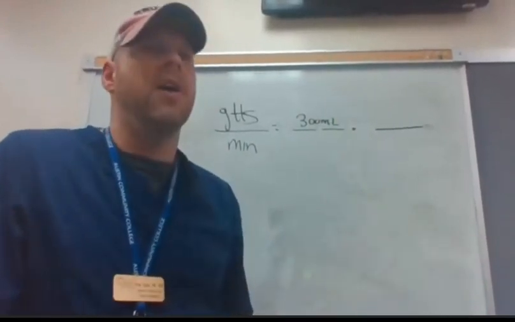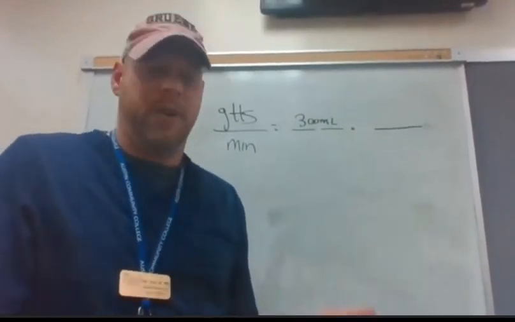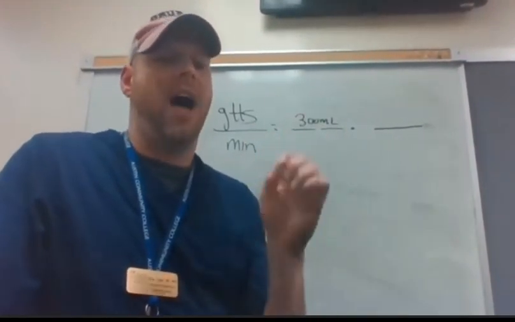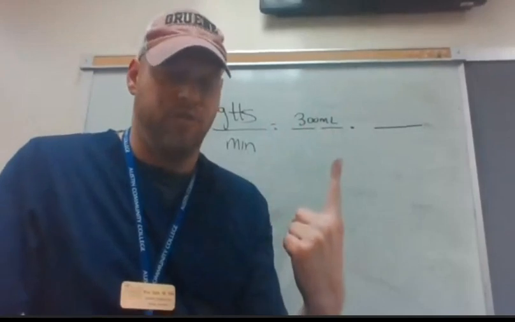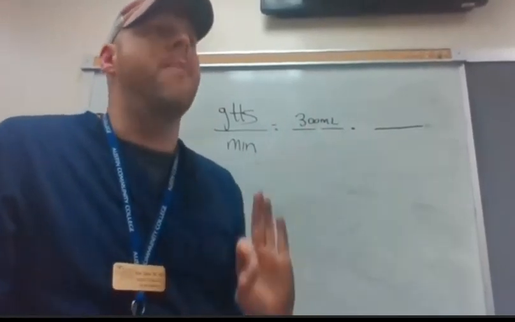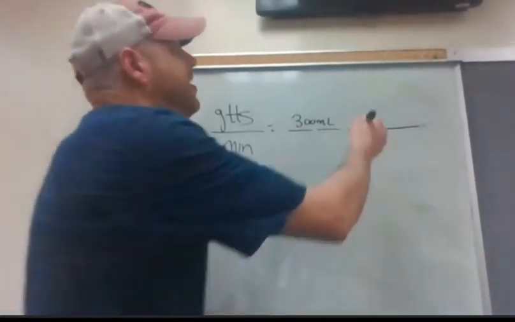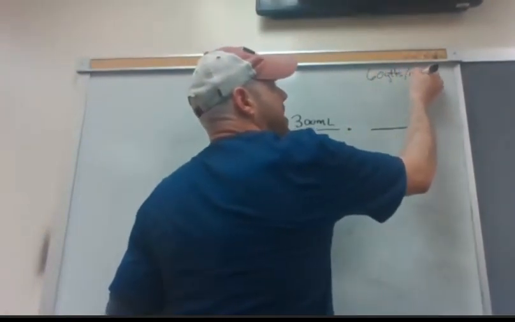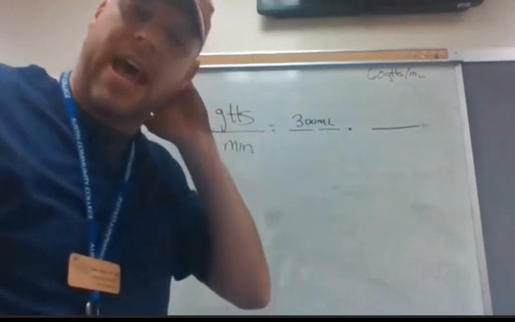They didn't give you a number. They said it's a micro drip tubing set. Well, there's only one type of micro drip tubing. And micro drip tubing is always 60 drops per milliliter, and you have to remember that one.